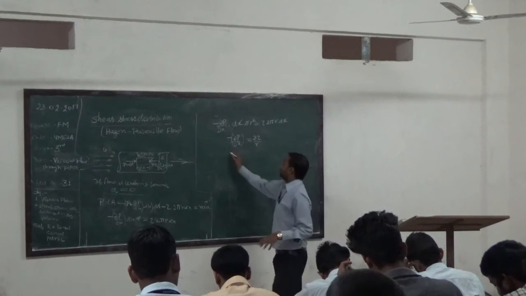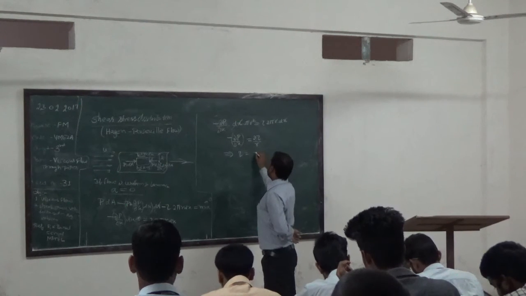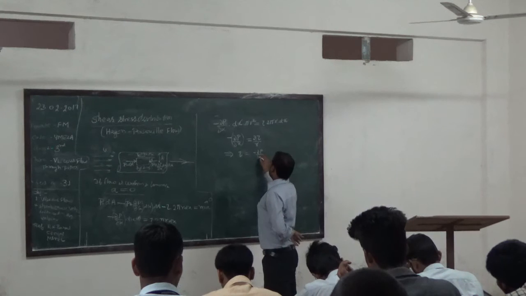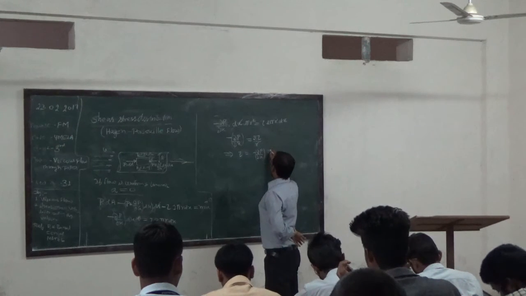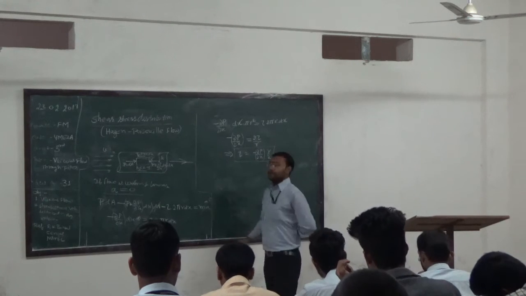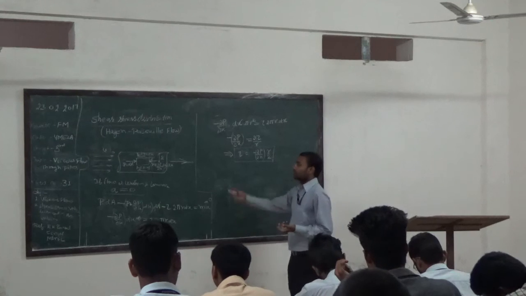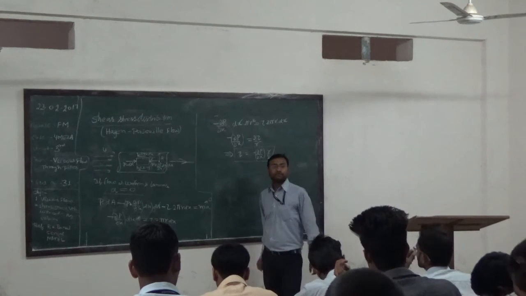Okay? So the value of tau will be minus (dP by dx) into R by 2. This is the value of shear stress inside a pipe at a particular radius R.